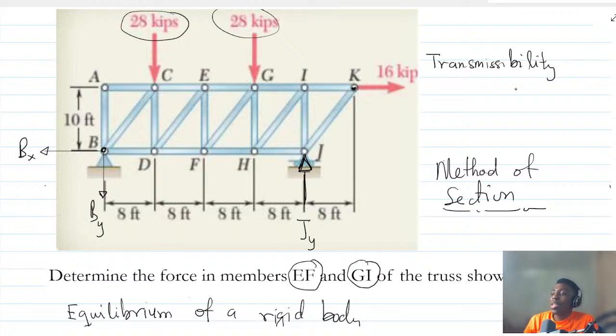Now, this principle is saying that if I know the line of action of a force, which is always a straight line, then I can place the force at any point on the line, and it will produce the same effect. So it means that I can bring the 16 kip to this point.